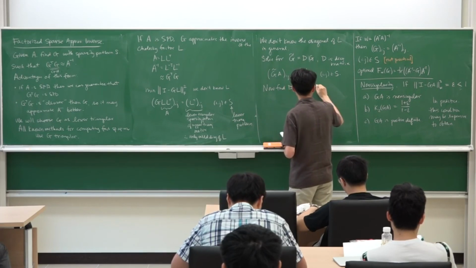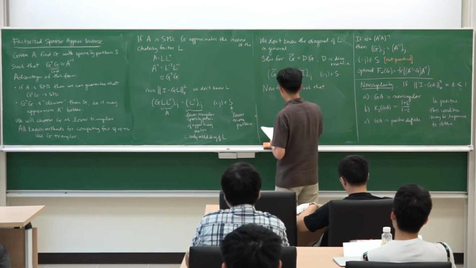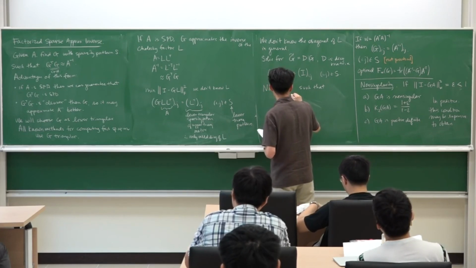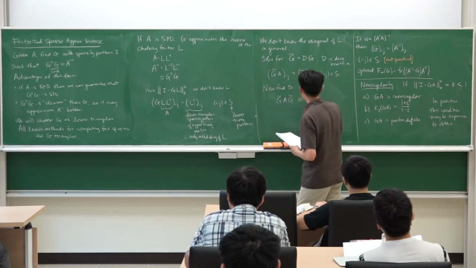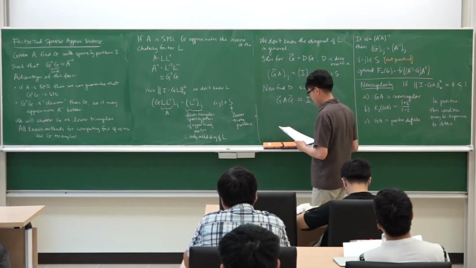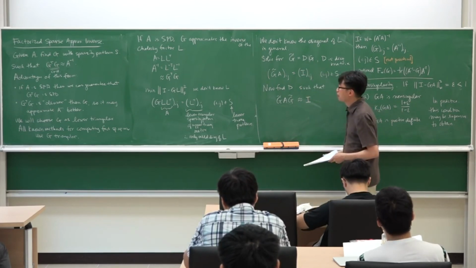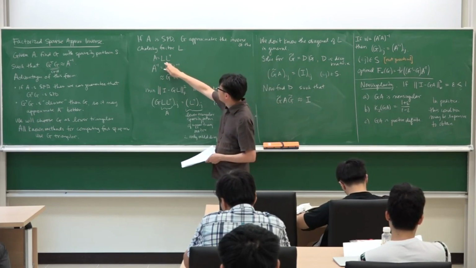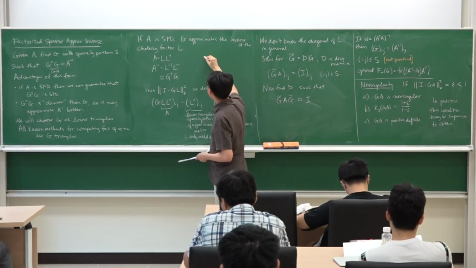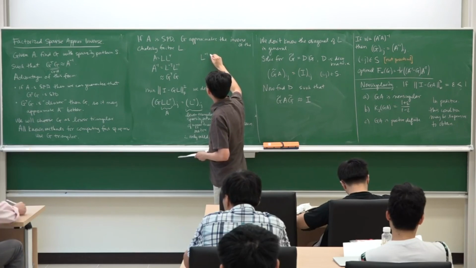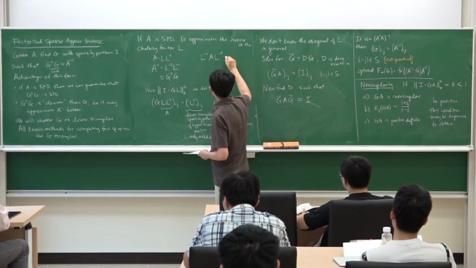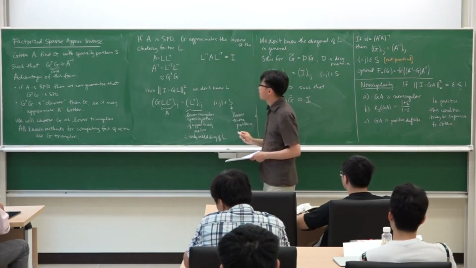such that G tilde A G tilde transpose is approximately equal to the identity matrix. So back over here, if we left multiply by the inverse of L and right multiply by the inverse of L transpose, that's going to be equal to the identity matrix.